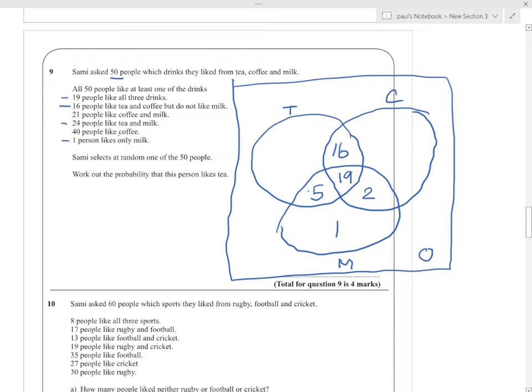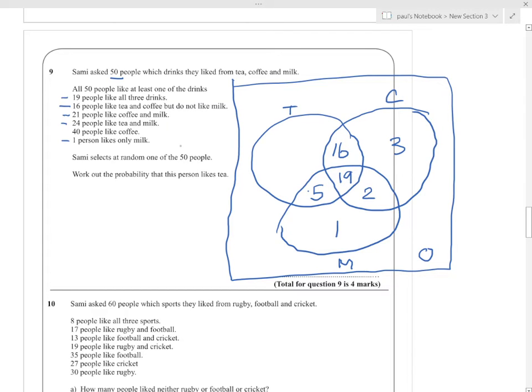Now, 21 people like coffee and milk. So we've done that bit. 40 people like coffee. Right. Here's the coffee. So 16, 26, 35, 37. So there are 3 people here that like coffee.